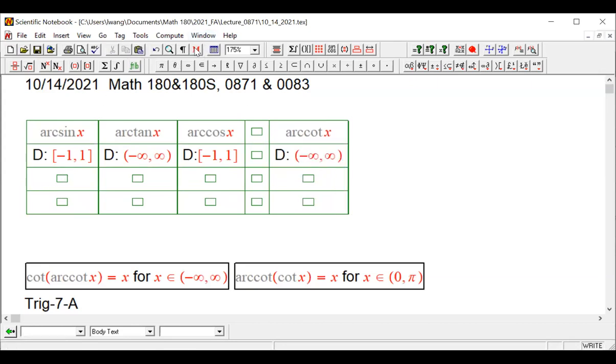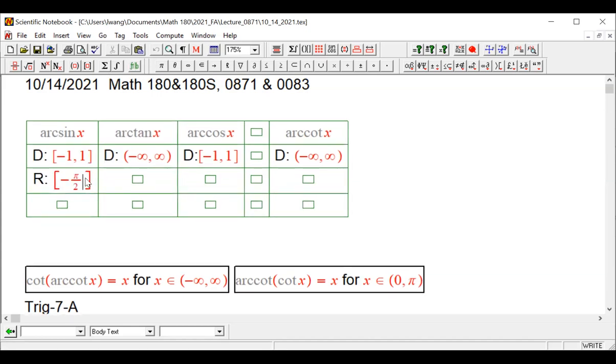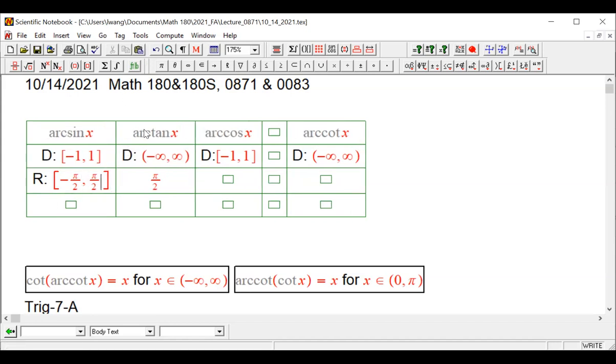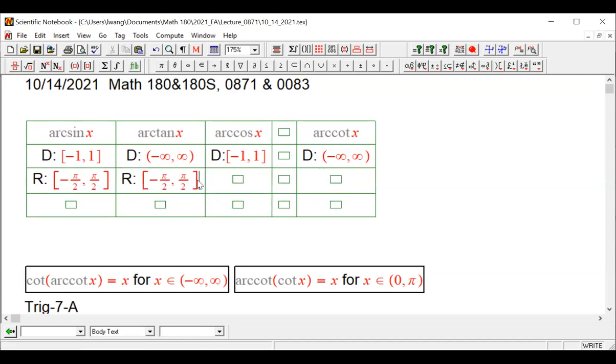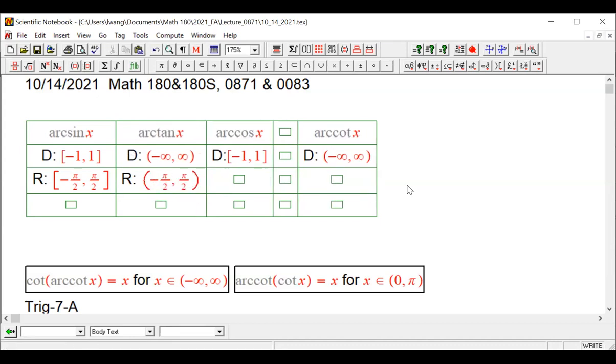The range, however, for ArcSine is going to be from -pi/2 to pi/2. For ArcTangent, it's just the bracket turned into parentheses, exclusive.